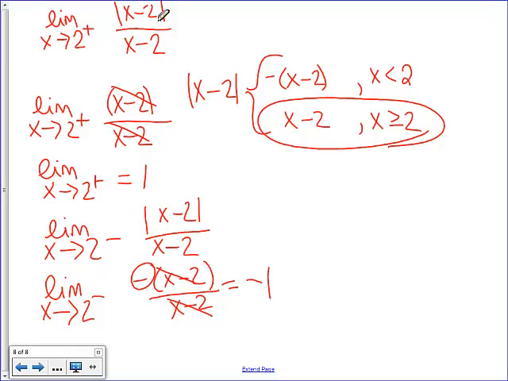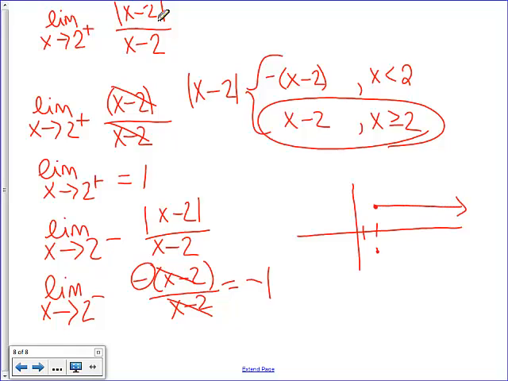Okay? So if we notice, if I were to actually sketch a graph of this function, because when you're finding limits, you're just finding the graph. If I went over to positive 2, well, anything greater than positive 2, my limit is 1. So draw a line at 1.